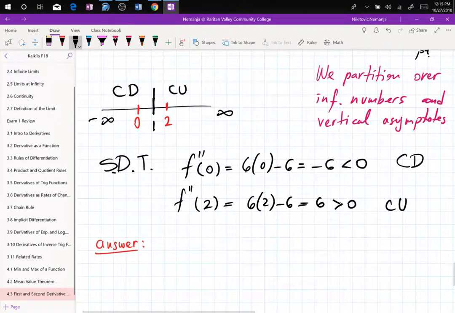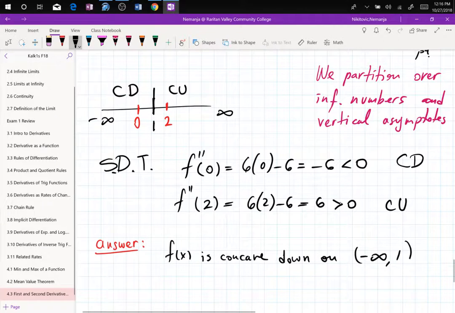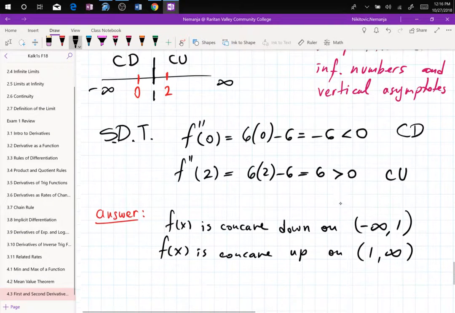So we say f of x is concave down, sorry, first. Concave down on negative infinity to 1. F of x is concave up on 1 to positive infinity.